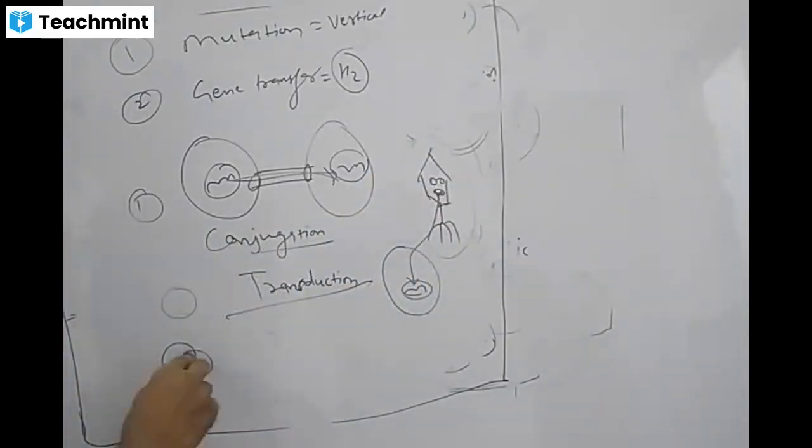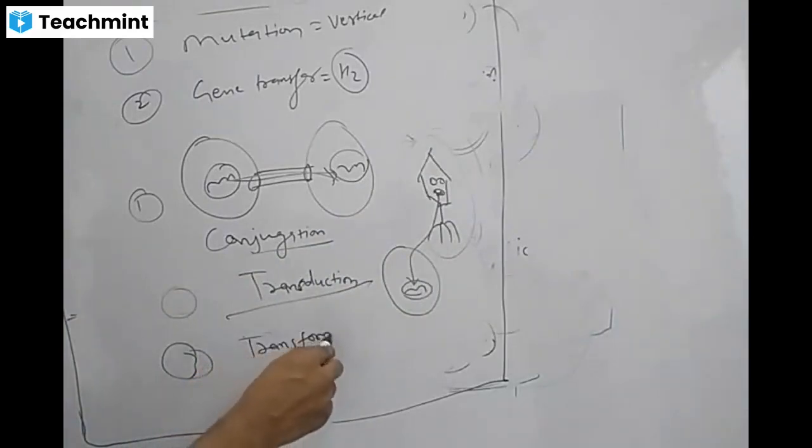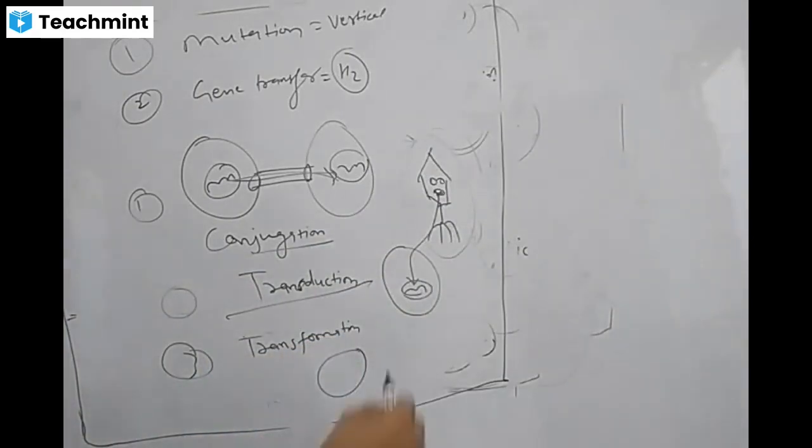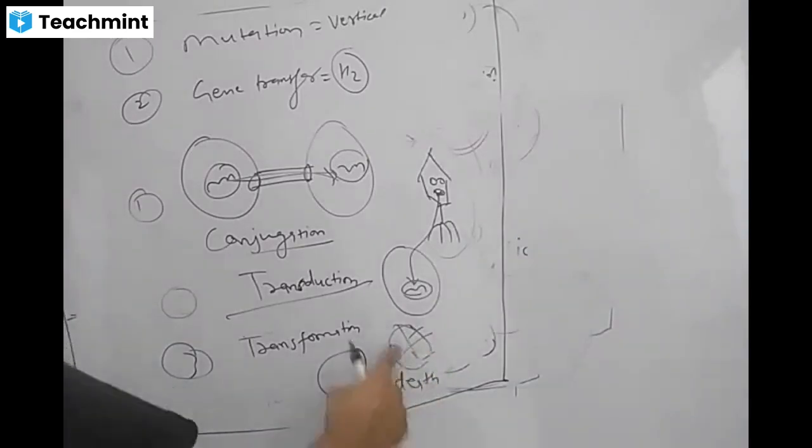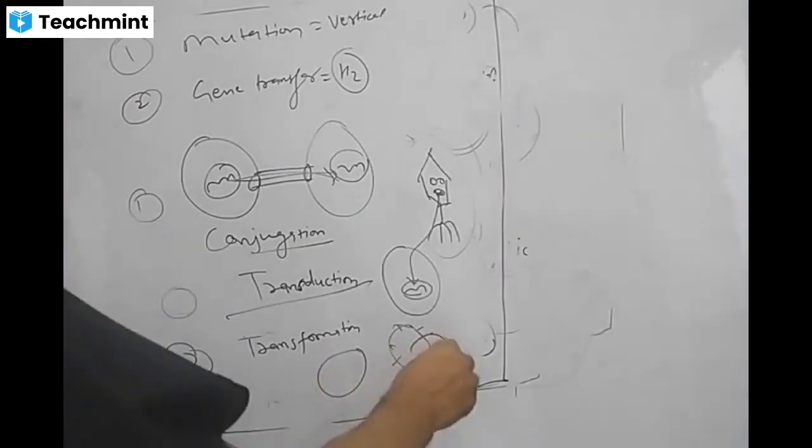Third is transformation. This is the bacteria. Suppose in the surrounding one bacteria died. Because of the death of that bacteria, what comes out? The DNA material.